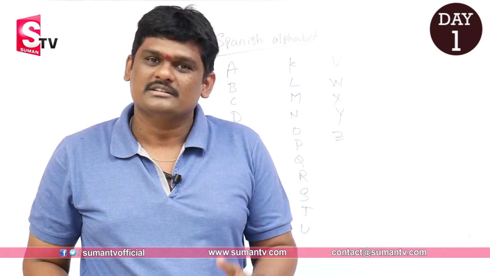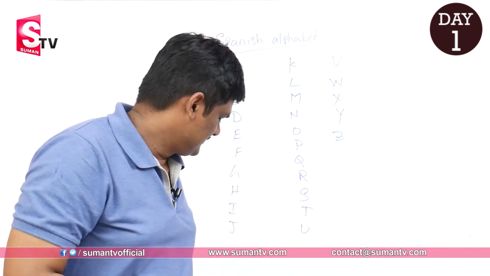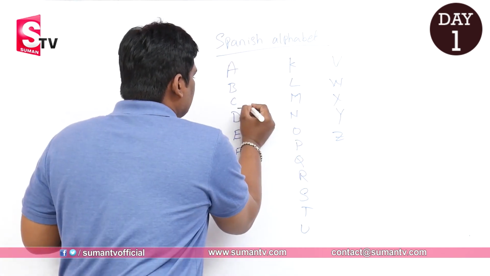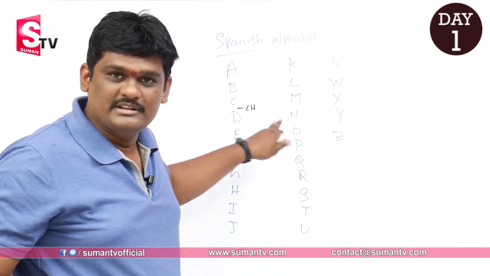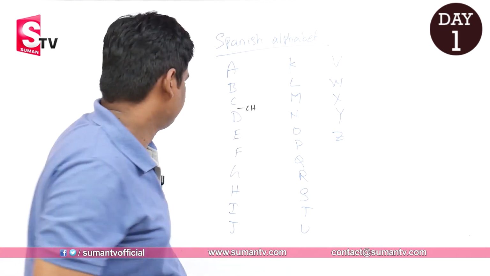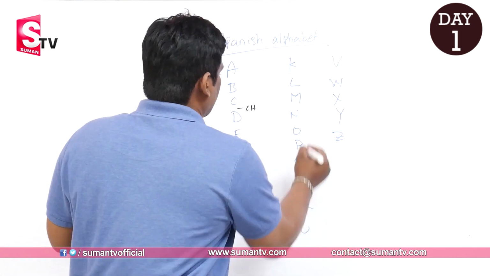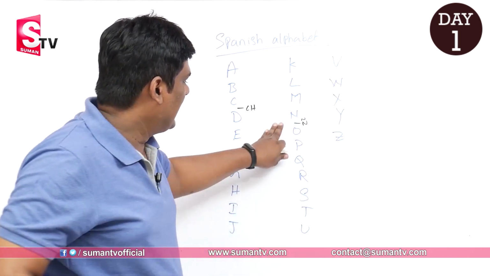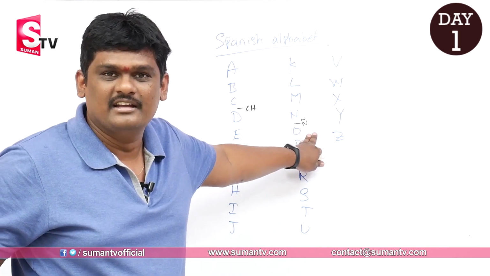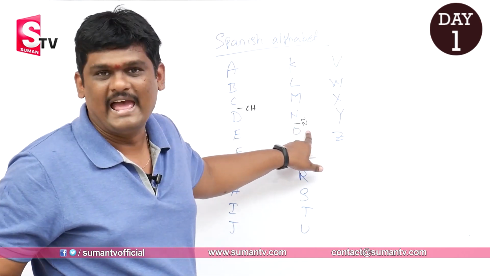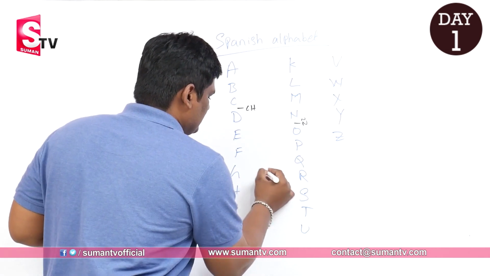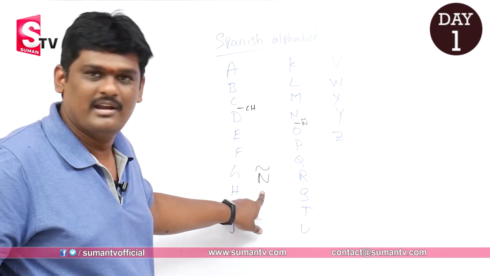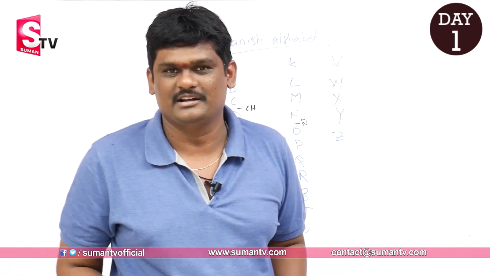Now let's see the 30 letters in Spanish. After C, there is a letter called CH. After N, there is a letter Ñ, with a tilde symbol on the N. This is pronounced as Nya.